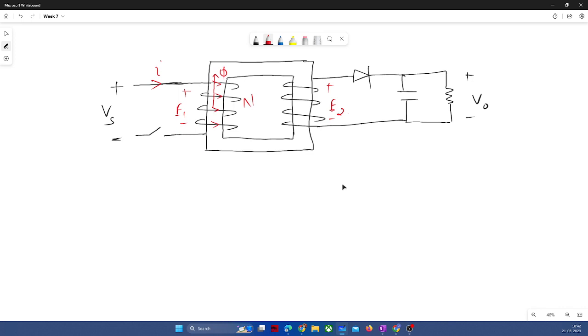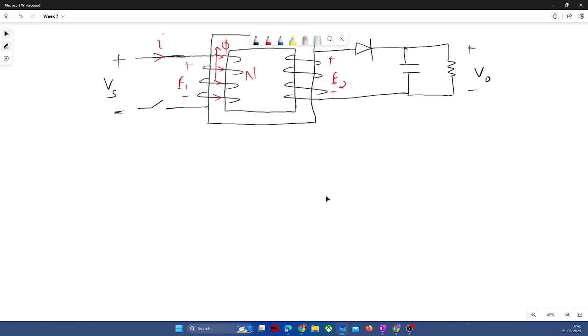Now, simplifying it into a circuit so that we will not have to draw the transformer every time, we will represent it with a magnetizing inductance and our number of turns, right? So your supply.